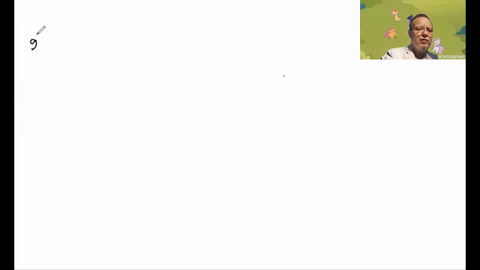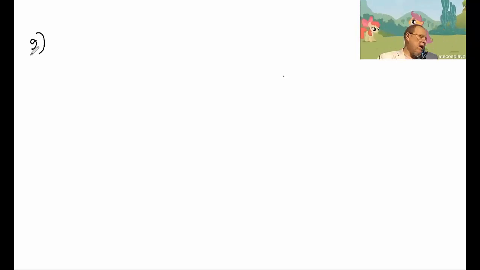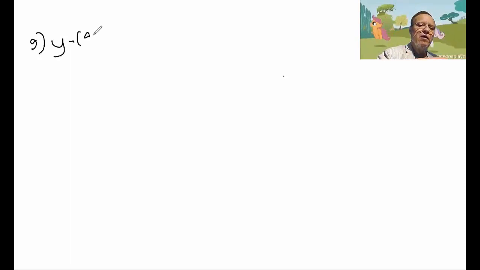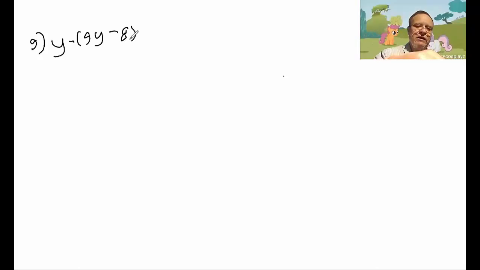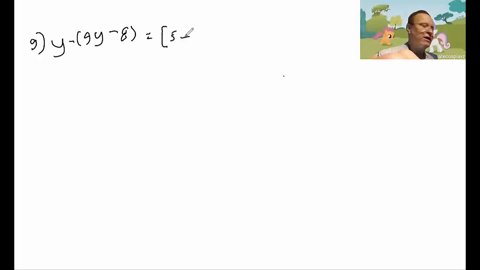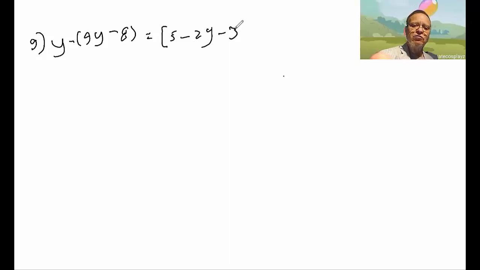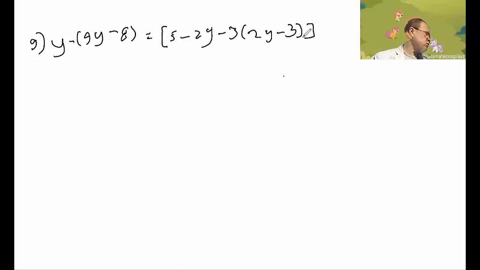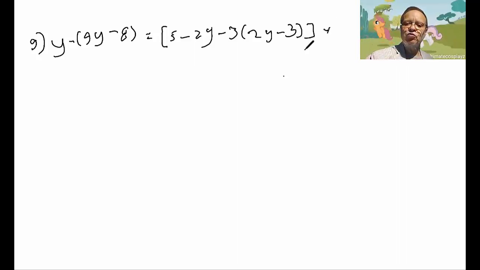In example number 9, we have y minus 9y minus 8 is equal to square bracket 5 minus 2y minus 3 times 2y minus 3, close the square bracket, plus 29.